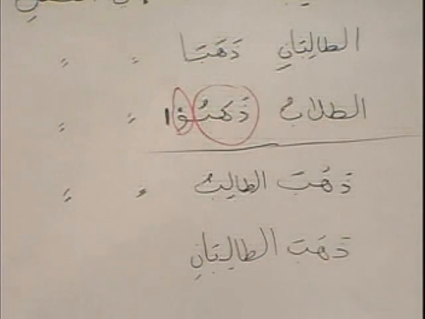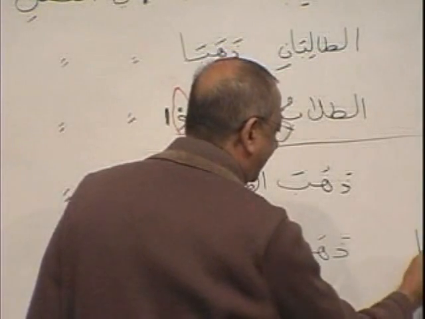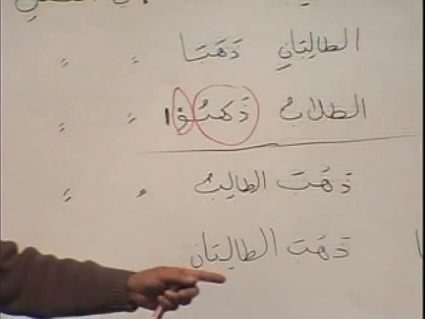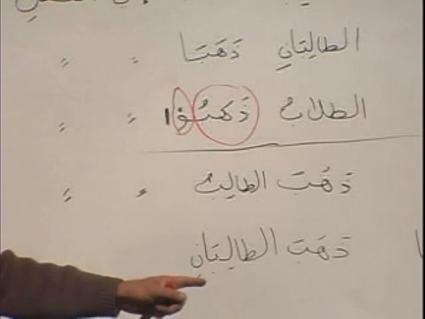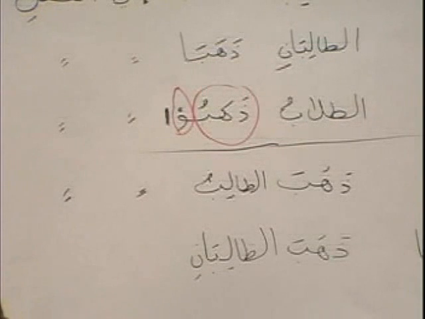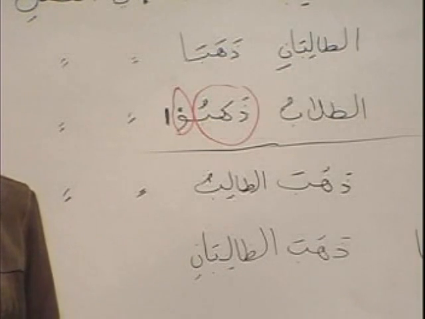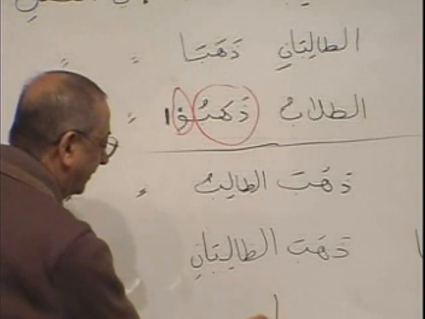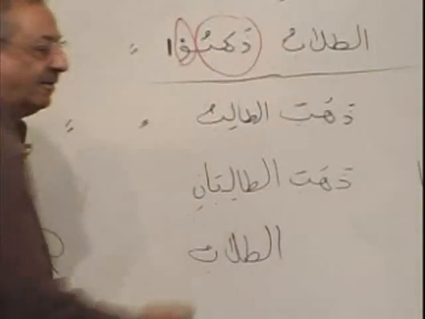What happens if I say zahabaa at-talibani? Then there is a fa'il in the alif, and there is a fa'il here. How can you have two fa'ils? So we have to use a singular verb. Okay? Now we say at-tullabu. What form of verb shall I use?